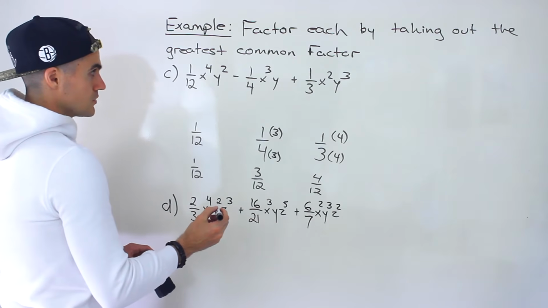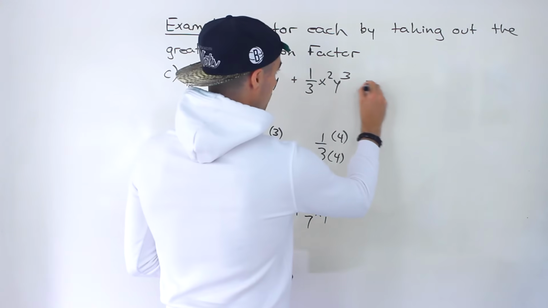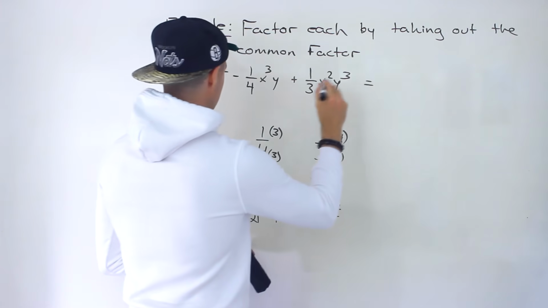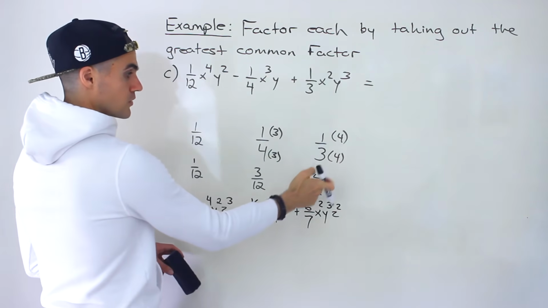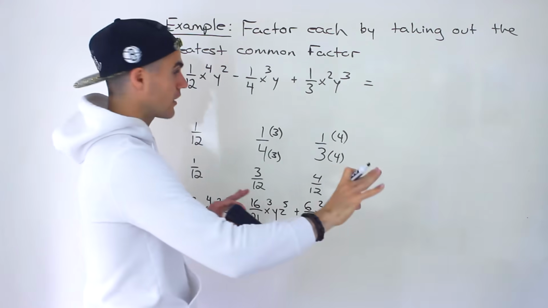So what we want to do is rewrite this. We basically want to change the 1 over 4 here to be 3 over 12, the 1 over 3 to be 4 over 12, to have that common denominator.